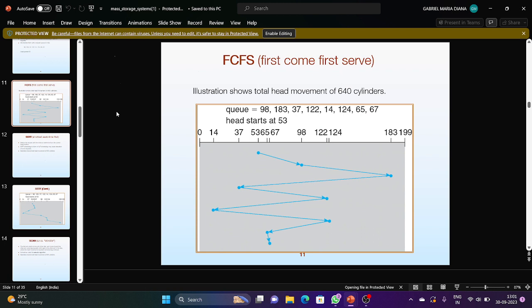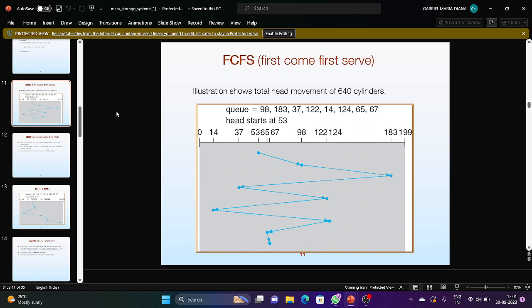According to the queue, whichever arrives first, the read write head serves first.